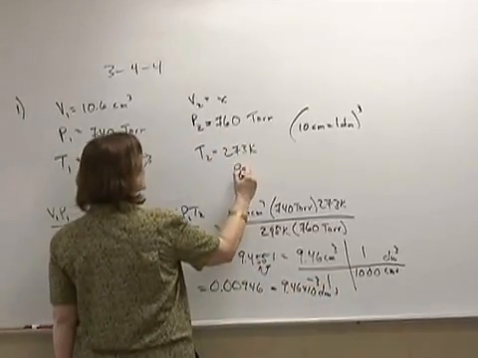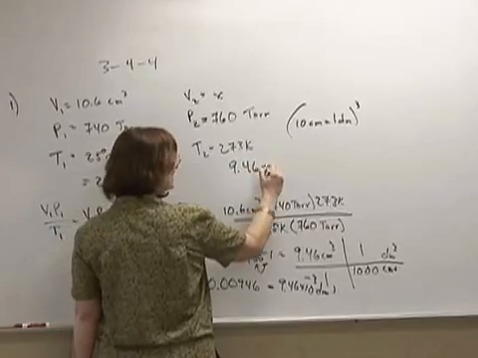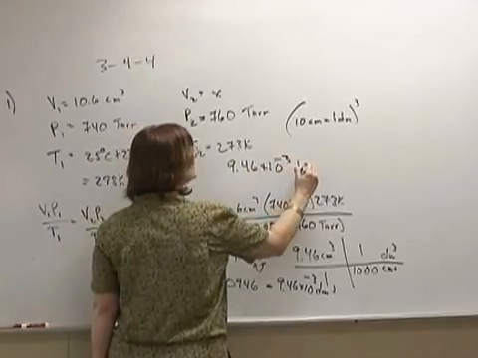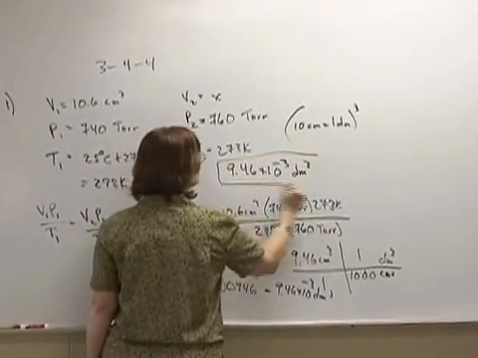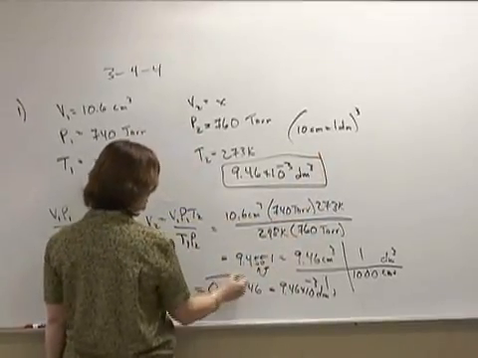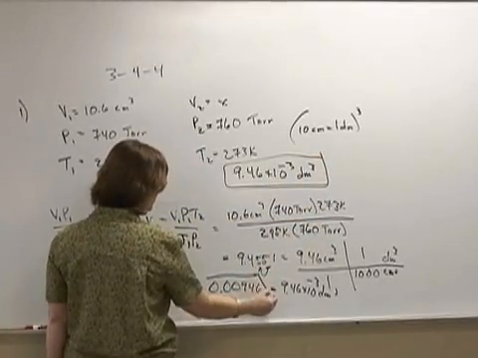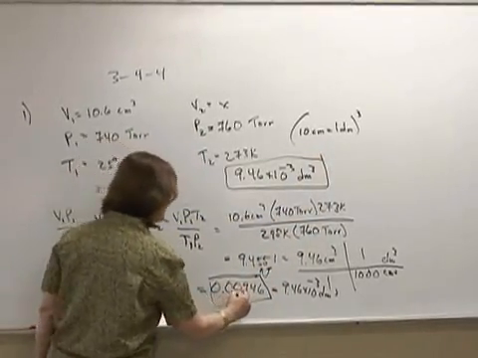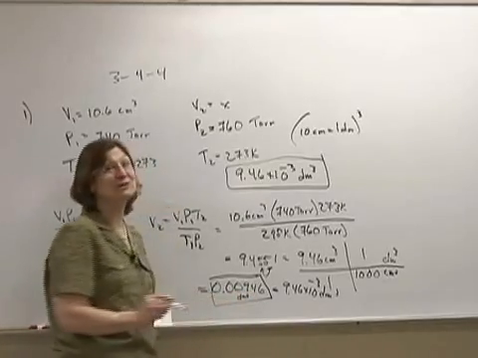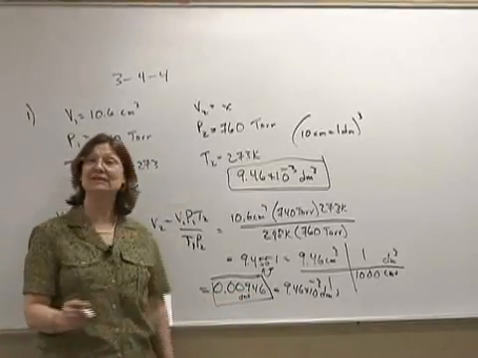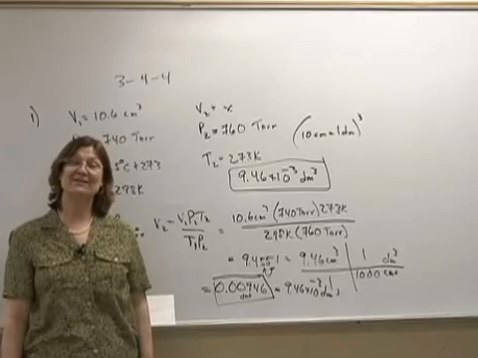I'll write it right here. 9.46 times 10 to the negative third decimeters cubed. So those are potentially my 2 answers, although here I must put decimeters cubed. Always want our labels and our units. And that's how you do number 1.